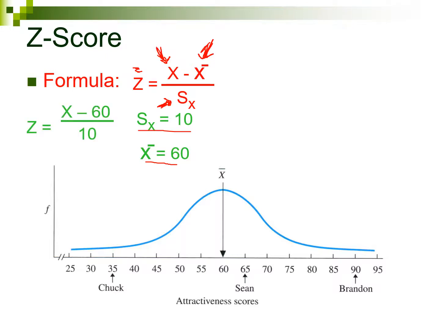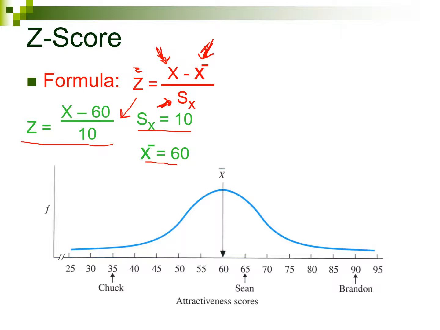To clarify, because these 3 raw scores for Chuck, Sean, and Brandon come from the same distribution, the mean and the standard deviation of the distribution will be the same. So this formula here is basically us taking the general formula and plugging in the mean and the standard deviation that we were just given.